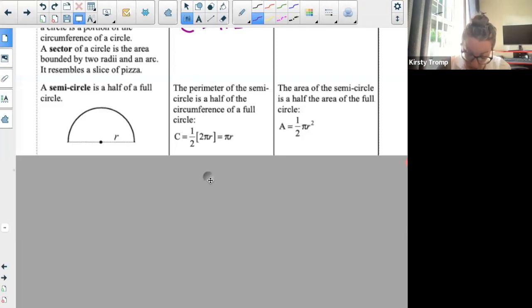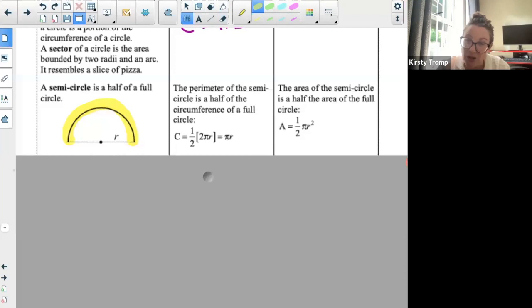So to get the perimeter of a semicircle, and when I'm talking about the perimeter of the semicircle in this case, we are talking about just the outside curved part, so not the line in the center. The perimeter of the semicircle is half of the circumference of a full circle. So we can say half of 2 pi r, or we can say circumference equals pi r.